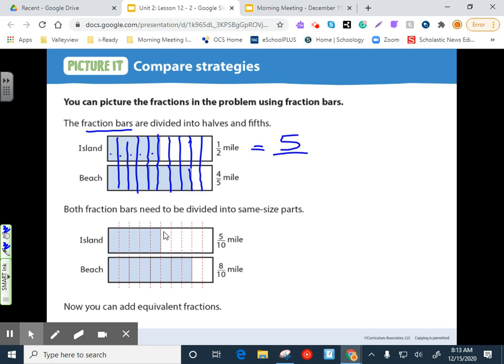So that would be 5/10. It says 1, 2, 3, 4, 5, 6, 7, 8. And that is 8/10. And as you can see, 1/2 and 5/10 are equivalent fractions. 4/5 and 8/10 are equivalent fractions. And we add those up, and it will give us our 13/10 that we got for the first one.